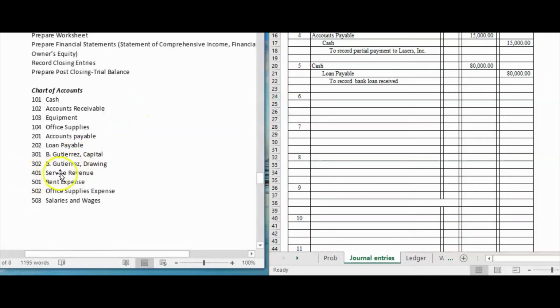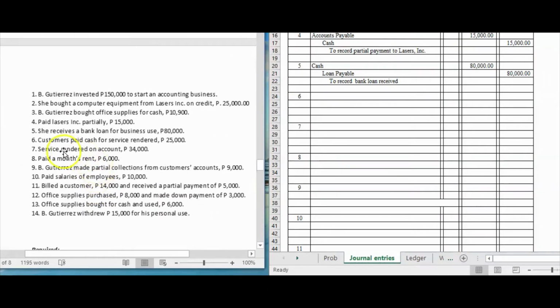Yan. We have an account title called service revenue. So what we are going to use here is cash and service revenue. Now, which of the two increases? Which of the two decreases? Okay. Or are they both increasing or decreasing? We'll see. Okay. So customer paid cash.